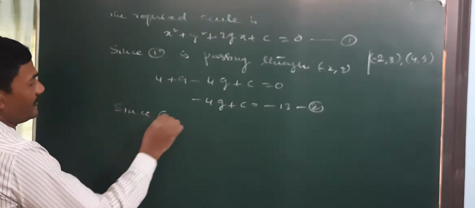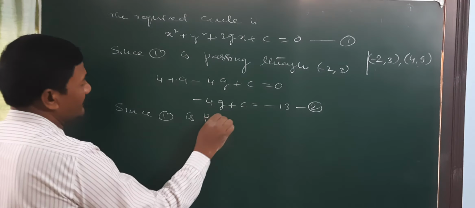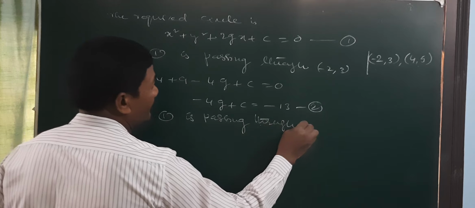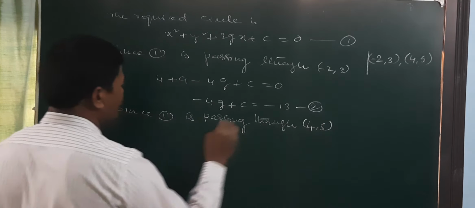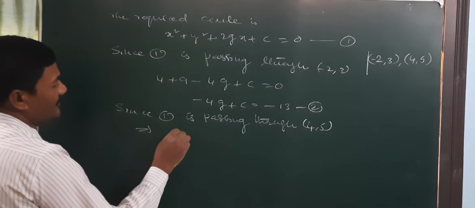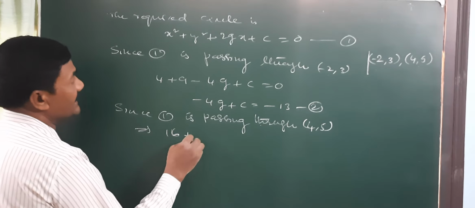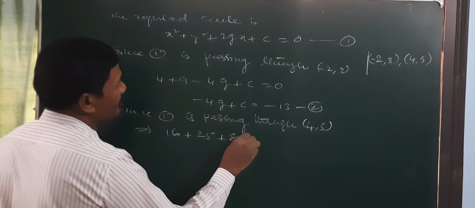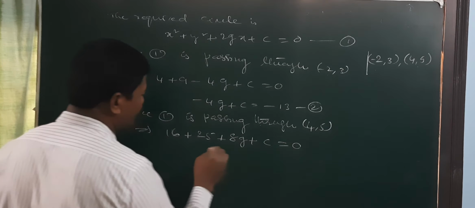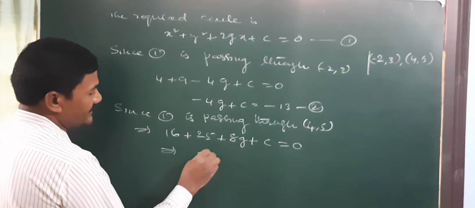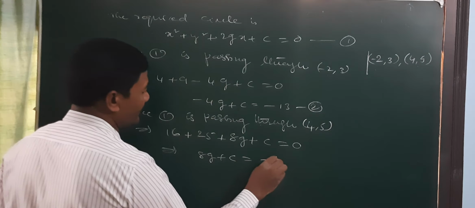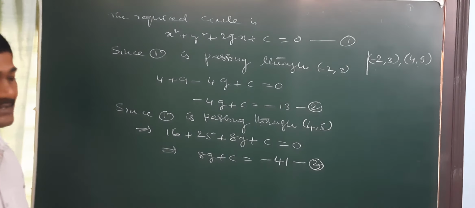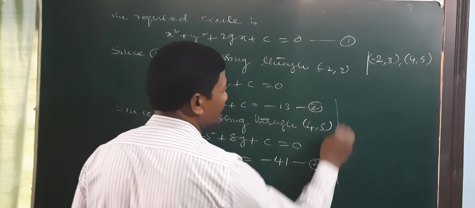Since it is passing through 4 comma 5, this implies 16 plus 25 plus 8g plus c is equal to 0, which implies 8g plus c is equal to minus 41. This is equation 3.